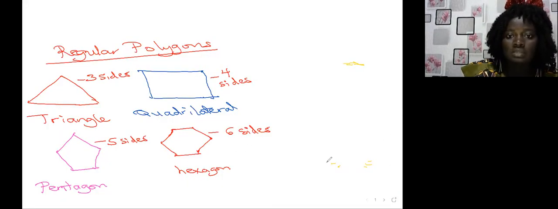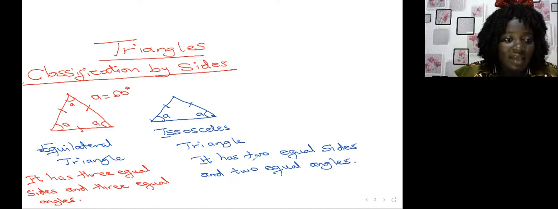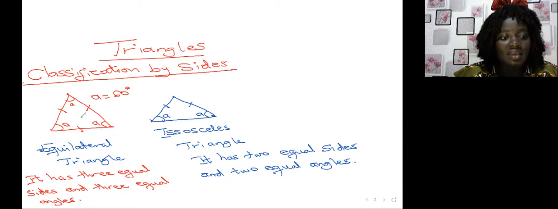Now let's move on to triangles, and we are going to look at classification by side. The first one we have here is the equilateral triangle. How many sides? 3. From this diagram, we can see that it has all 3 sides equal and all angles equal.